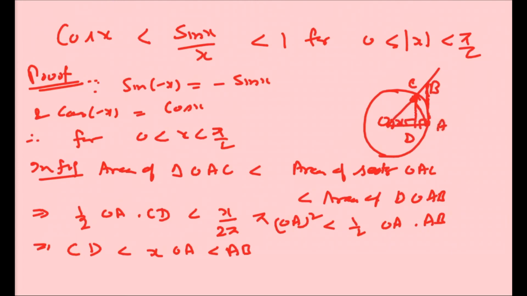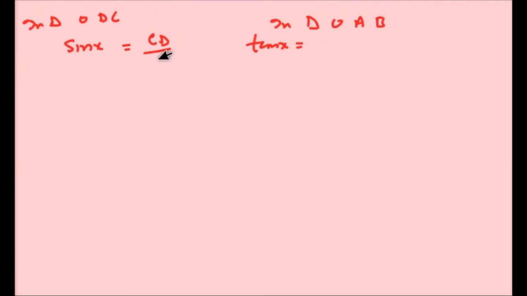So putting this value, we can write sin x equal to, and tan x equal to, in triangle ODC, that is perpendicular upon hypotenuse OC, and in triangle OAB, perpendicular upon base OA.